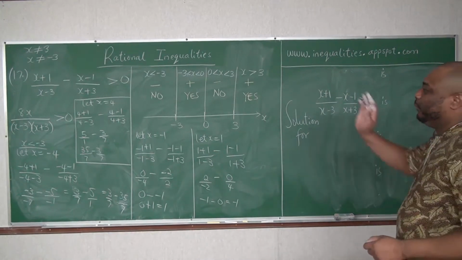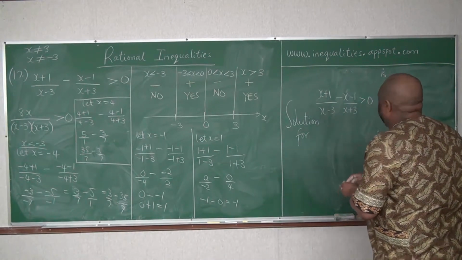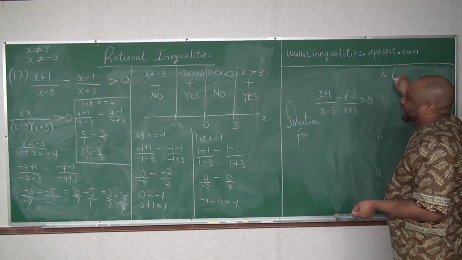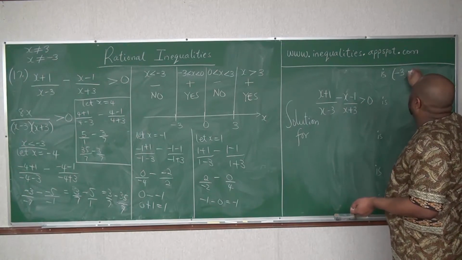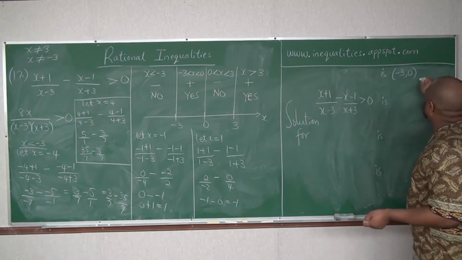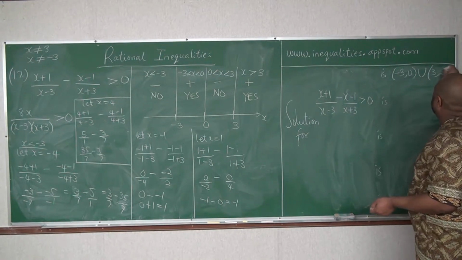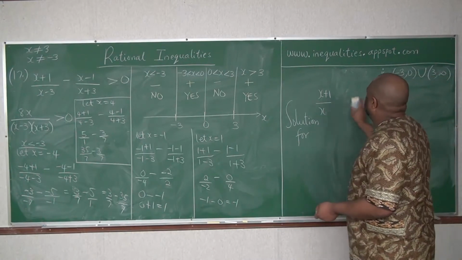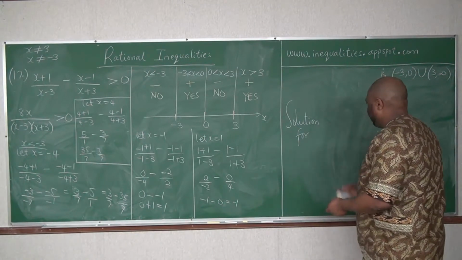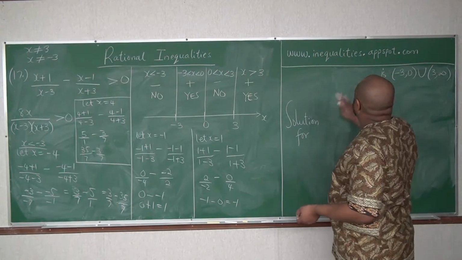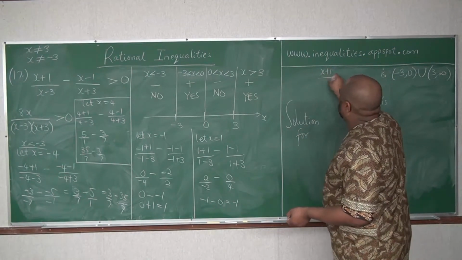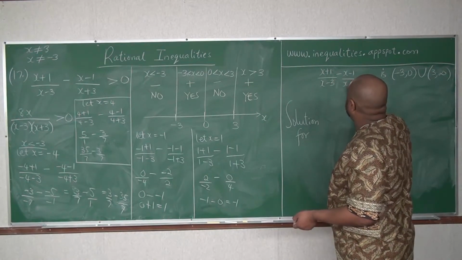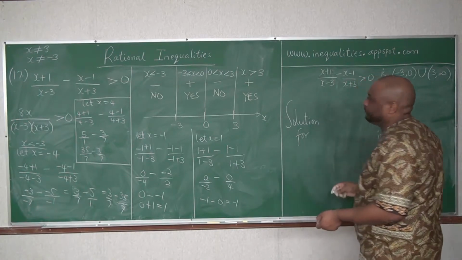Alright, so we did the first one. This will be from negative 3 to 0, open interval, union 3 to infinity. You know what? I need to write all this well. So this is x plus 1 over x minus 3 minus x minus 1 over x plus 3 greater than 0.